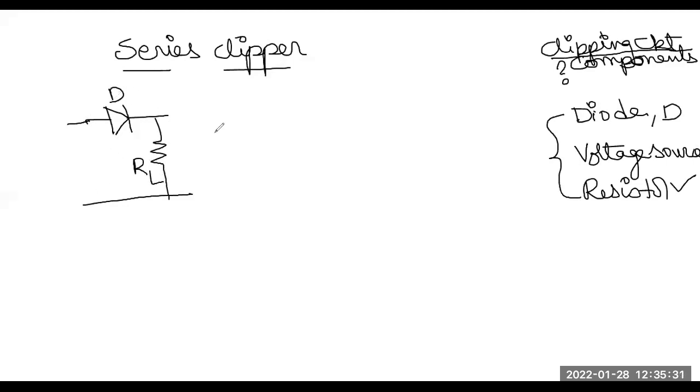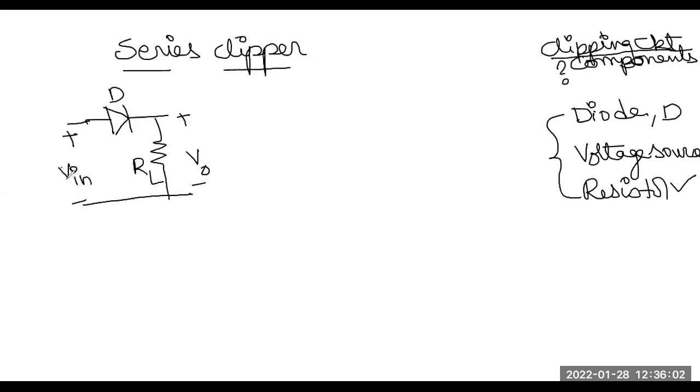This is represented by diode D. The voltage source is applied here as the input voltage. Based on the input voltage and the state of the diode, we get the output voltage, which is measured across the load resistance RL. Here the diode is connected in series to the load, so we call it a series clipper.